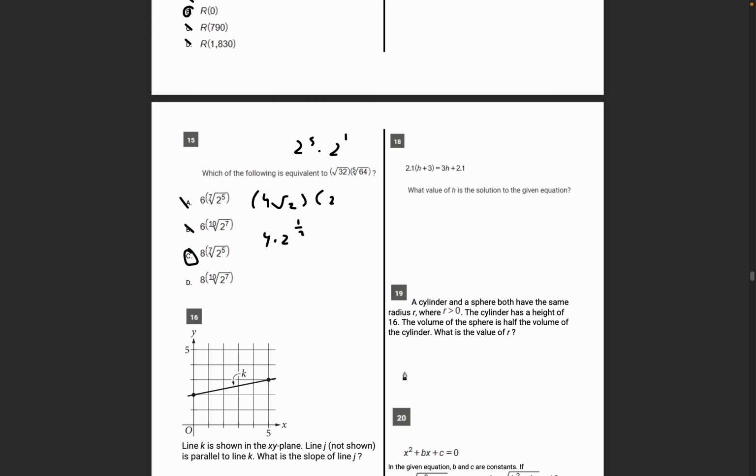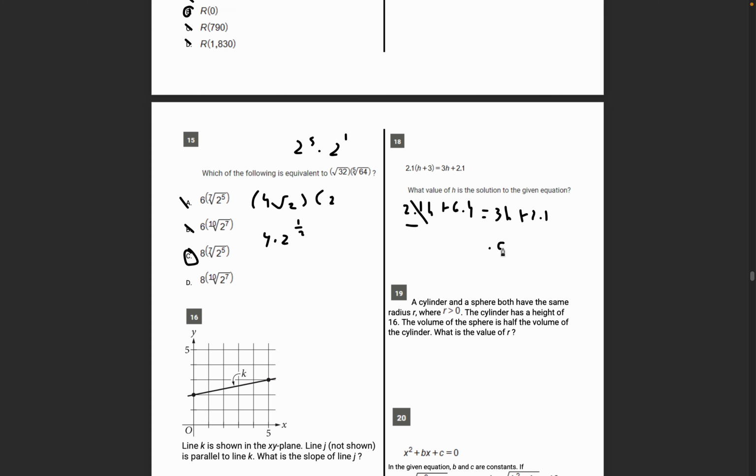Next. Come on. 2.1h. I don't have time. 2.1h plus 3 is 6.4. So 2.1h plus 6.4 equals 3h plus 2.1 minus 2.1h.